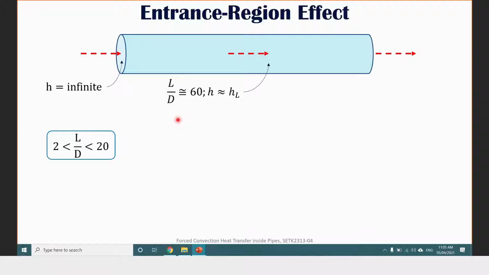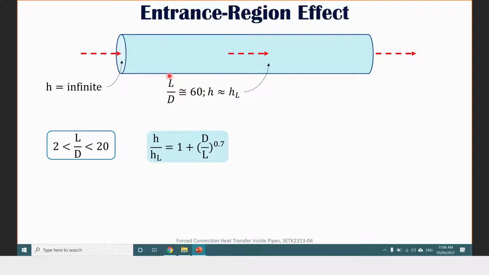The entrance region effect only applies if L over D is between 2 and 20, because when L over D is 0, h is infinite, but when it's 60, it's almost equal to hL. So it is somewhere in between that we still consider it to be an entrance region effect.